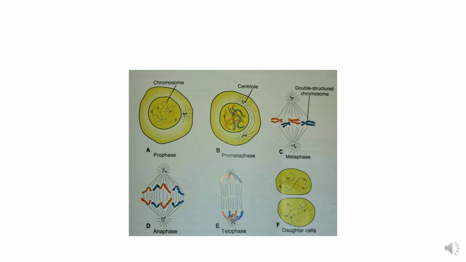Spindle will break in the center. Now each will receive 46 chromatid in mitosis, and here are the 46 chromatid. So these are the two daughter cells, each having 46 chromatid.